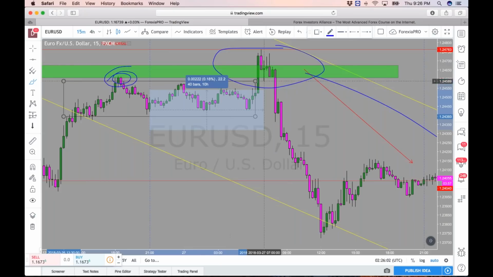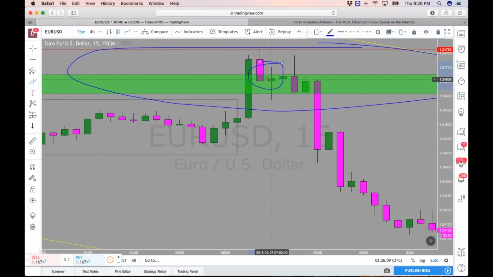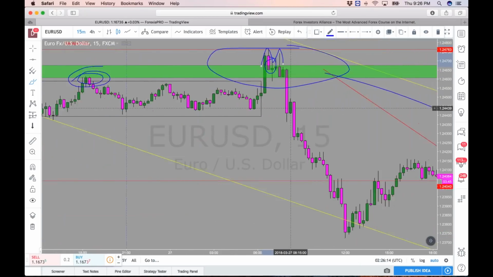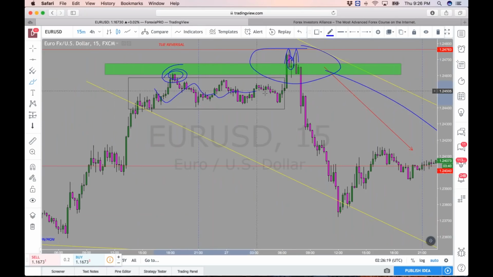Notice, London session starts at this candle right here. If we were to go into like the 5-minute chart, this would be an M formation off of the high, starting London session. You don't want to trade this unless there's a pattern, unless there's a structure that tells you. But I normally don't trade Asian session. This is Asian session. This candlestick right here represents the start of London session. I normally trade just London and New York, but that's up to you guys.